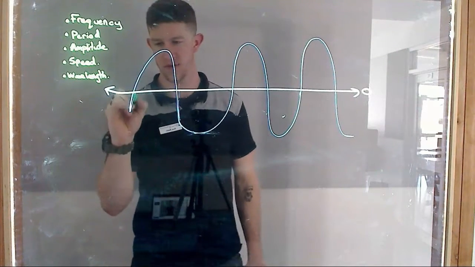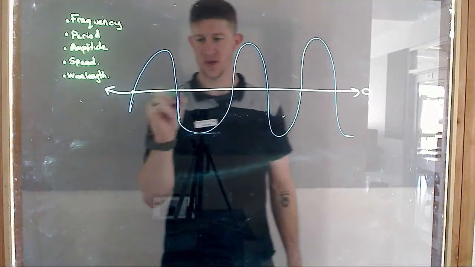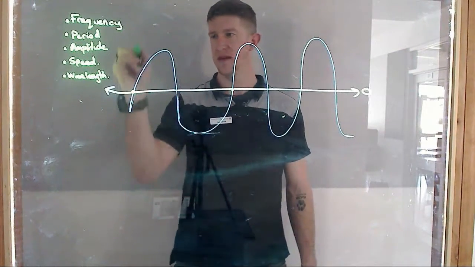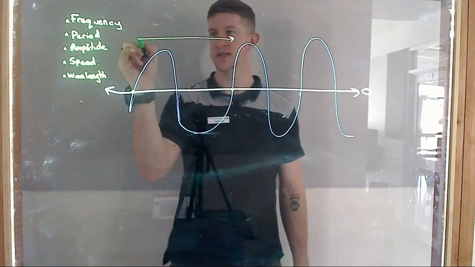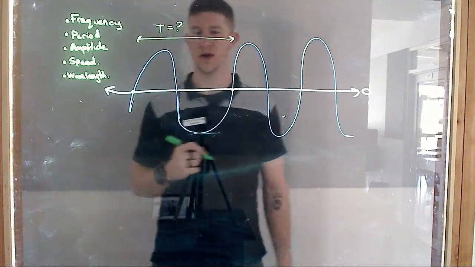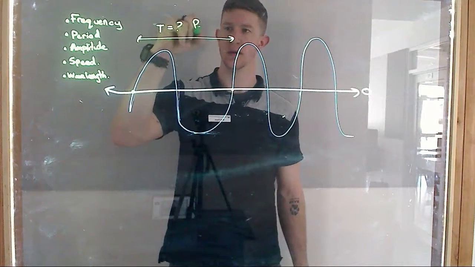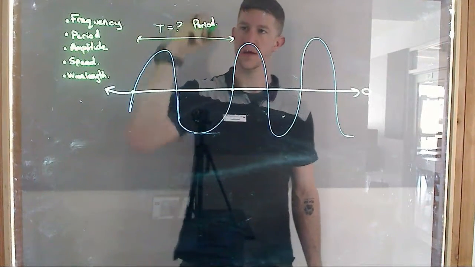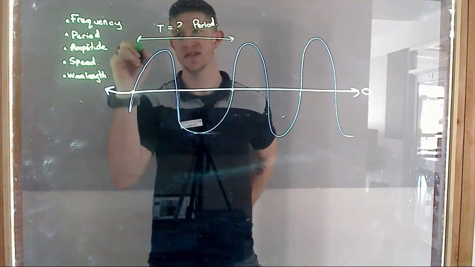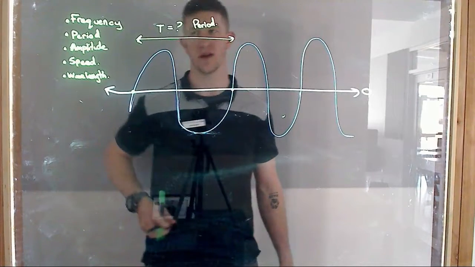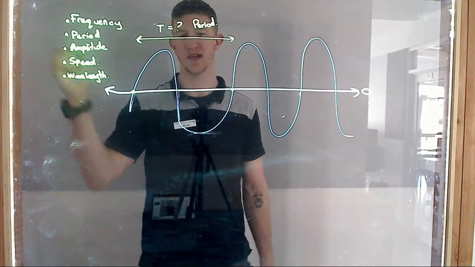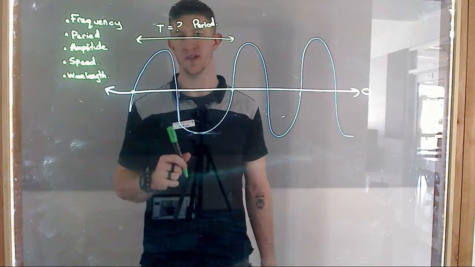So if I go from this point, I do half a wave, back to the start, a wave, my period is, what is this time? This would be period. So it's the time it takes for a single wave. Similar but slightly different to your frequency. This will make a little bit more sense on how we can calculate this once we've done the wave equation.